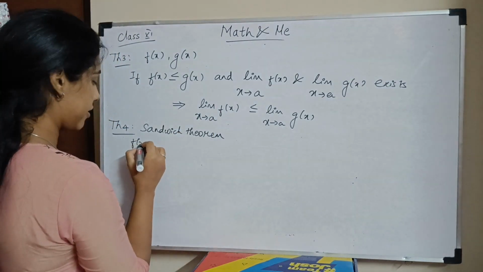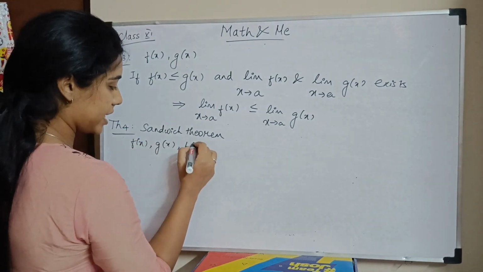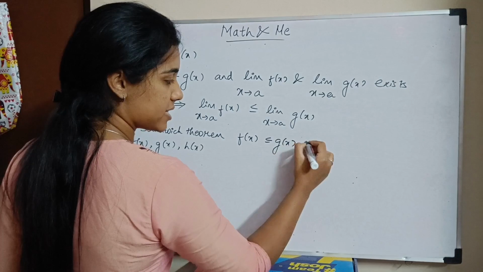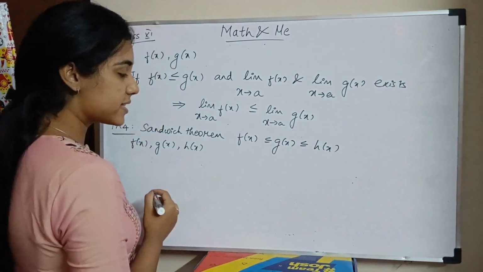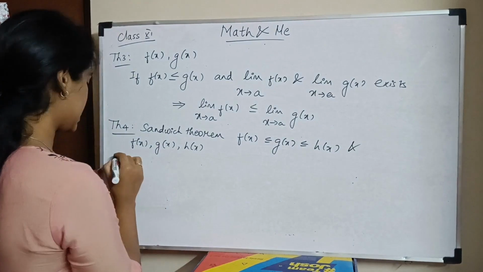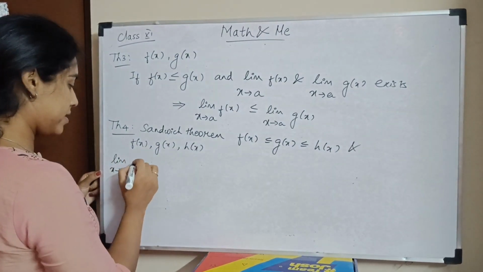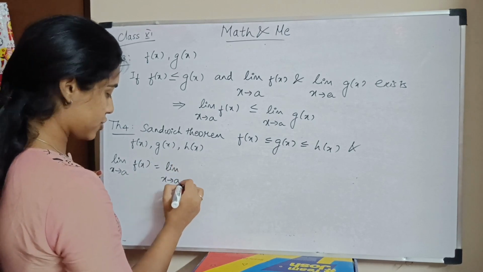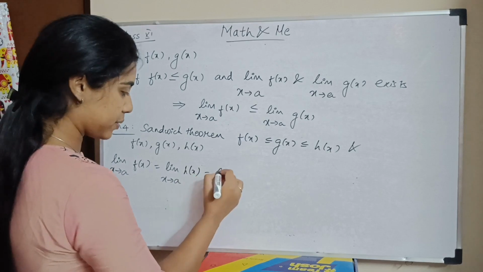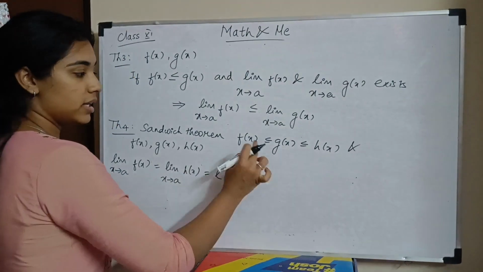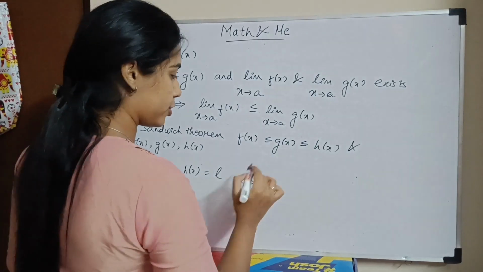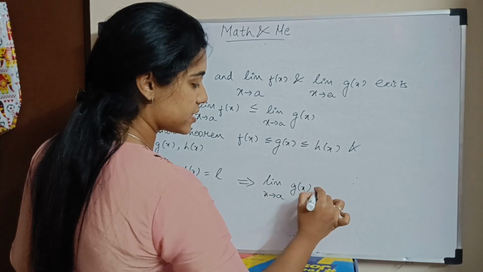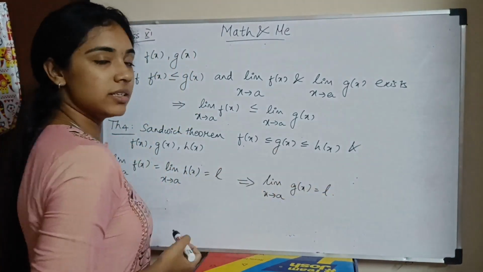So when you have f of x, g of x, h of x, where f of x is less than or equal to g of x, less than or equal to h of x, and limit x tends to a of f of x is equal to limit x tends to a of h of x is equal to L. இந்த ரெண்டு லிமிட்டும் L னா இதுக்கு நடுவுல இருக்கிற இந்த g of x ஓட லிமிட்டும் L தான். Limit x tends to a of g of x will have the same limit as f of x and h of x.